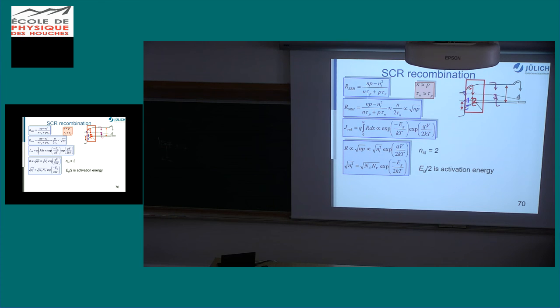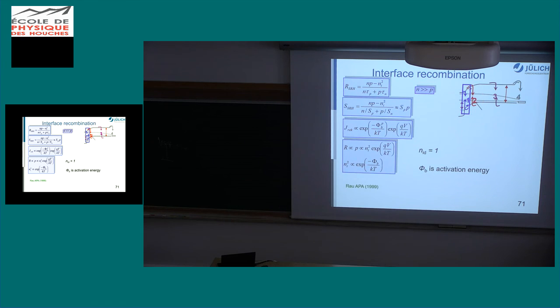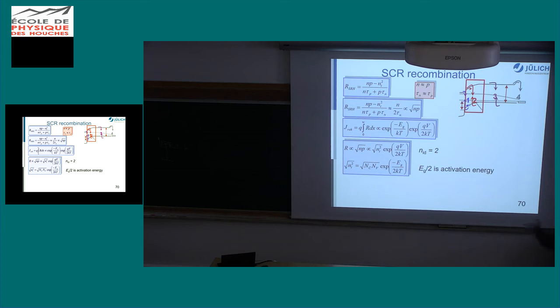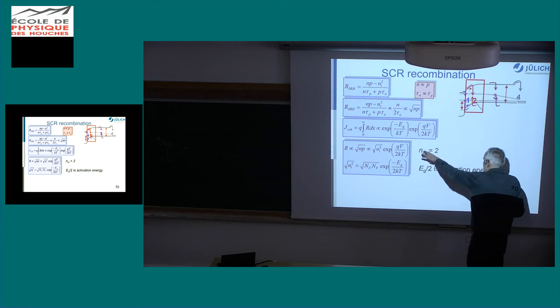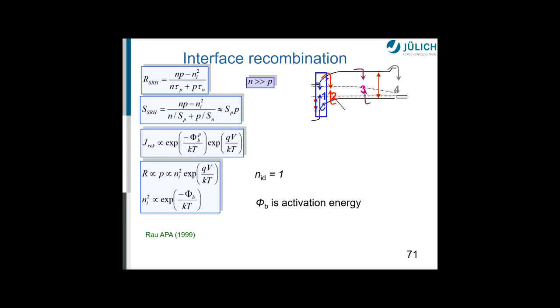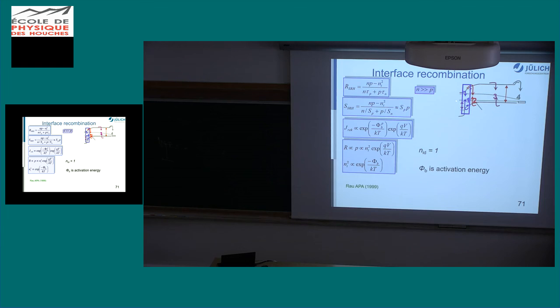But if you like, you can recalculate, and under this assumption you get this result. So we have half of the band gap energy, an ideality factor of 2, and now coming to the interface recombination here.